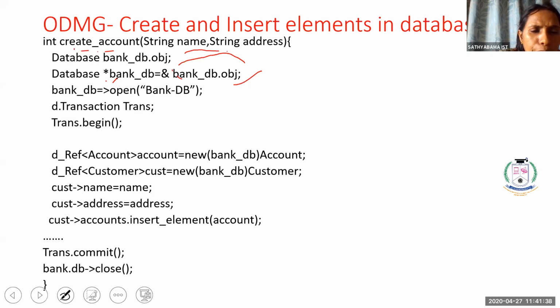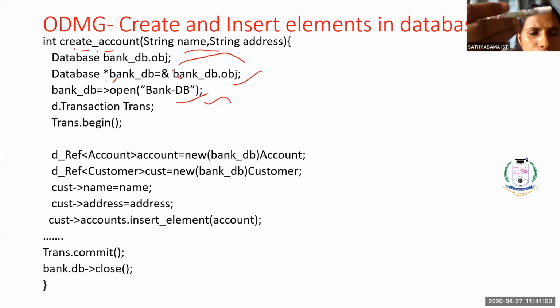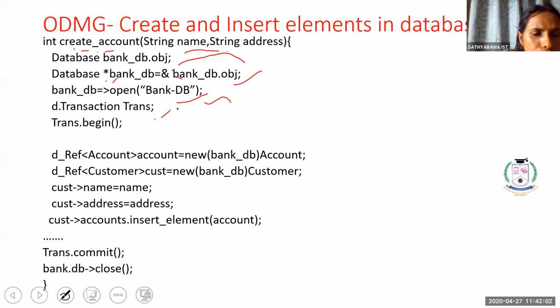So now when you use bank underscore DB, the reference operator tends to open automatically, you have to specify your database name. Here your database name is called bank hyphen DB, your own name, your own created database; you have to specify your database name. Now you're going to begin the transaction by using the object called trans.